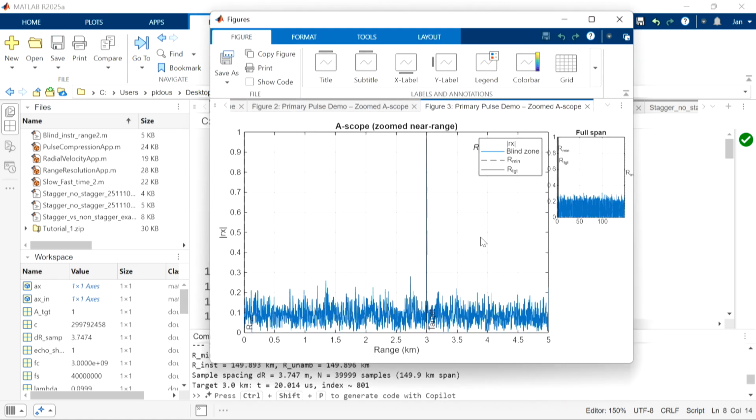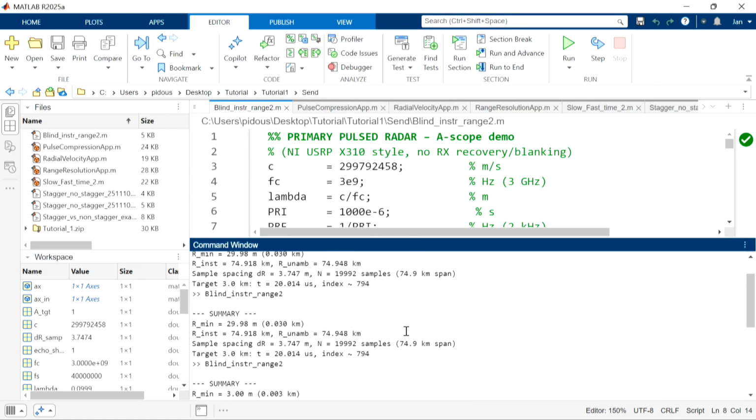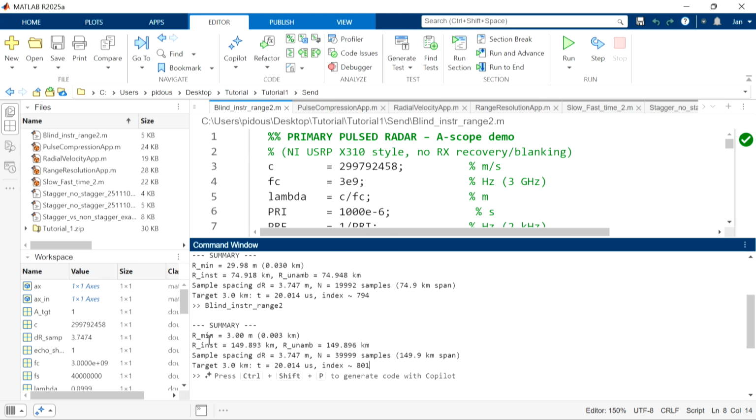The target is still at 3 gigahertz, and check. Now, because I changed it, the blind zone is not 30 meters but only 3 meters theoretically, and the unambiguous range, because I changed the bandwidth, is 150 kilometers, with spacing, and so on.